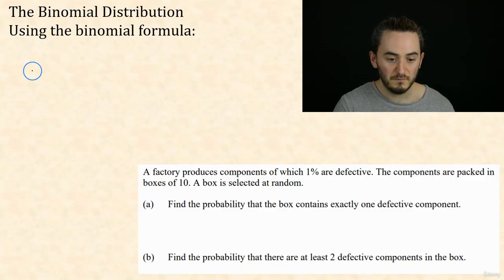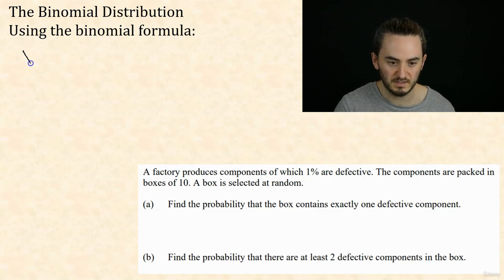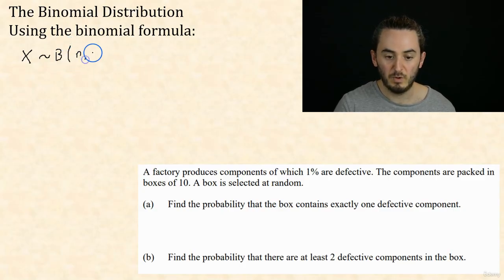All right, so the first thing we should do is write down what the distribution is. By that I mean we write down the number of successes, or the things we're counting, in this case defective components. It has a binomial distribution, and we say what the number of trials, n, is, and what the probability of success is on each of those.